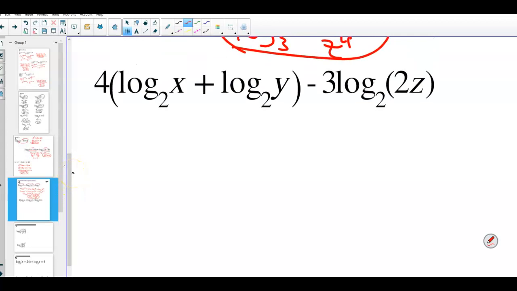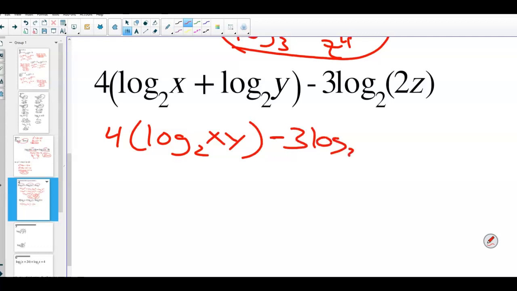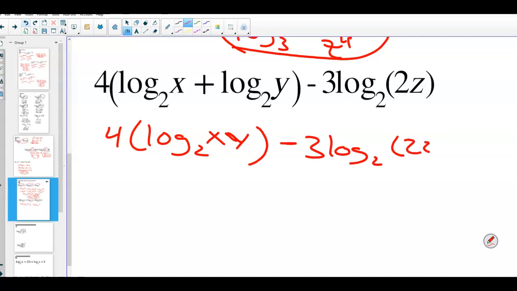Next one. Deal with your parentheses first. This becomes 4 log base 2 xy minus 3 log base 2 2z.